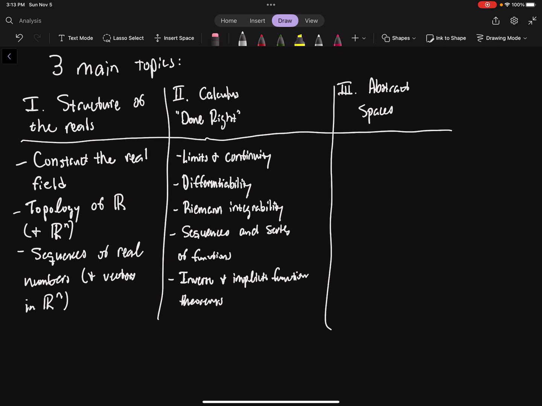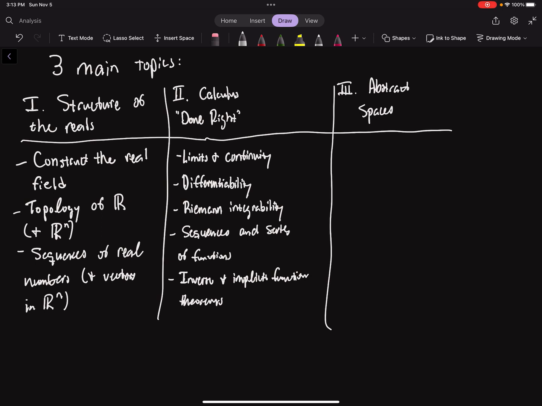But we will think about, what does it mean for there to be an open set? Or what does it mean for a sequence to converge? What does it mean for a function to be continuous? And then we will generalize these concepts, and we'll generalize other concepts as well, and apply them to solve some really important problems using powerful techniques.